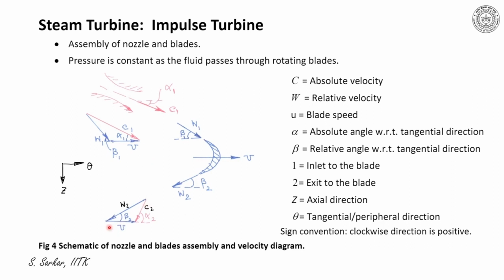Similarly, at exit W2 plus U is equal to C2. W2 makes an angle beta 2 and C2 makes an angle alpha 2 with tangential directions. This is so far regarding the assembly of nozzle and rotating blade. That's a simple impulse turbine.